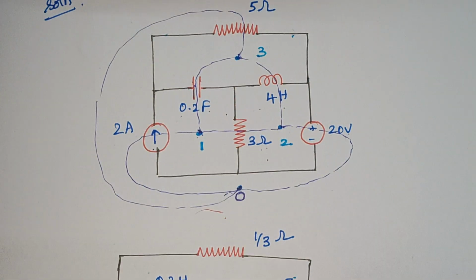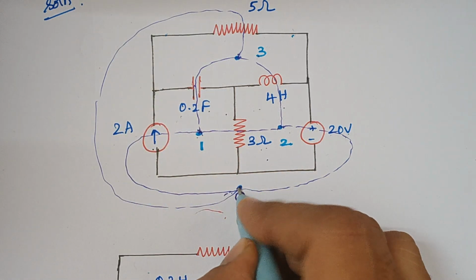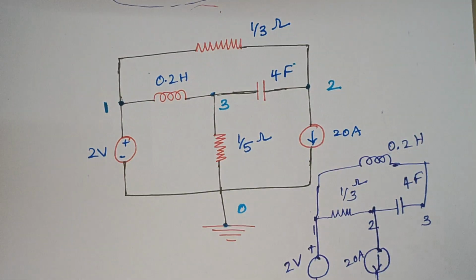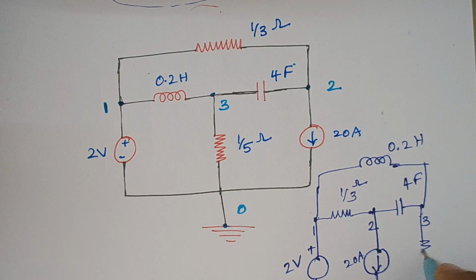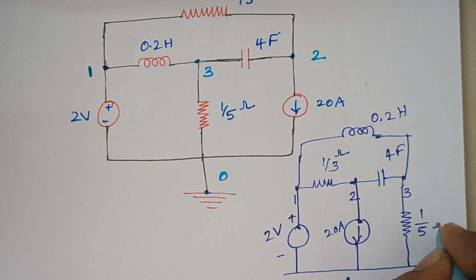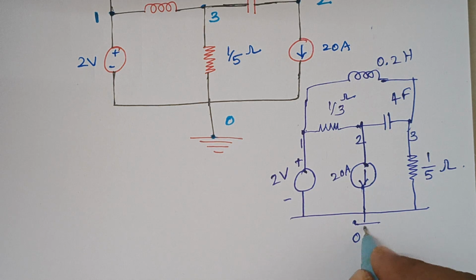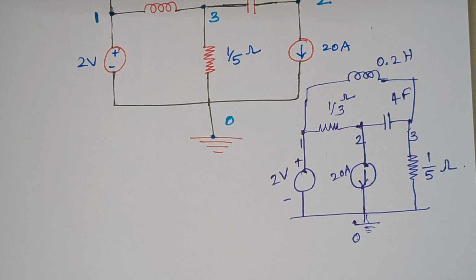So now node 3 is connected to this reference dot by 5 ohm. So here node 3 is connected to the reference by a resistor whose value is 1 by 5 ohms. And finally, this reference dot we have to keep as a ground point, right?